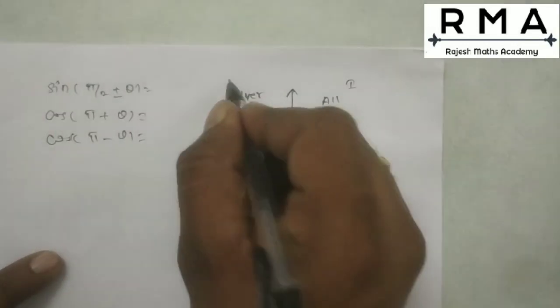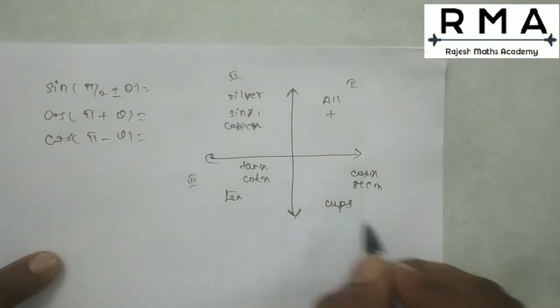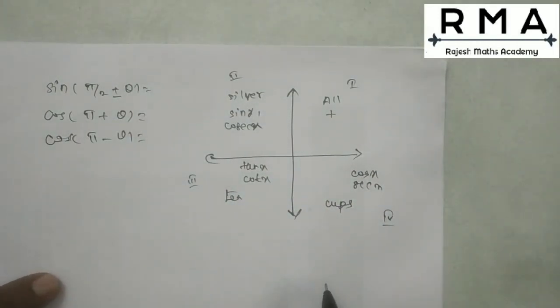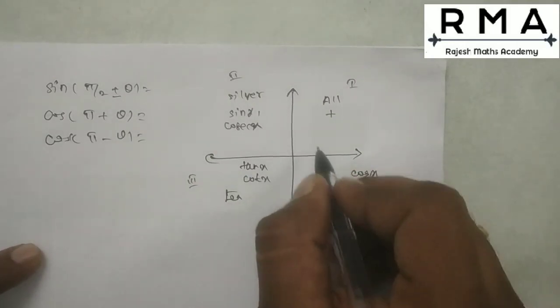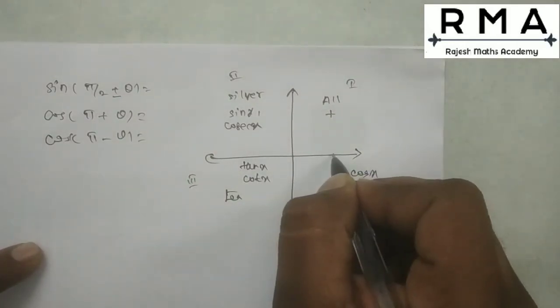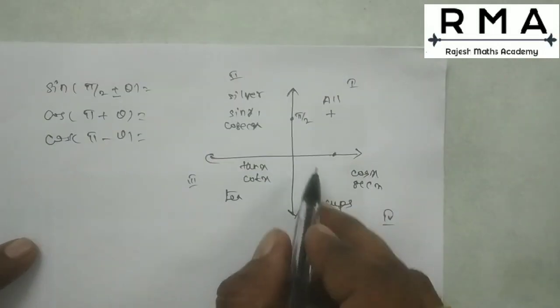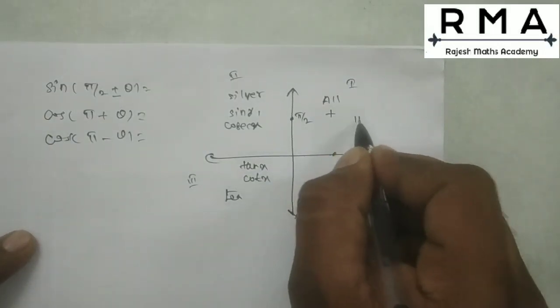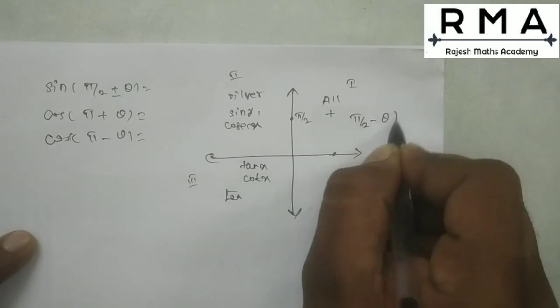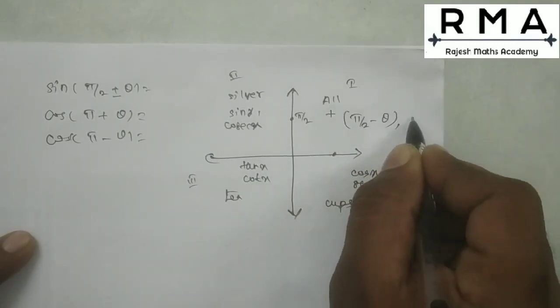This is the first quadrant, this is the second quadrant, this is the third quadrant, this is the fourth quadrant. So how can we write the first quadrant values? This is 0 degree, and this is pi by 2, 90 degree. So this quadrant can be written as pi by 2 minus theta, or theta.